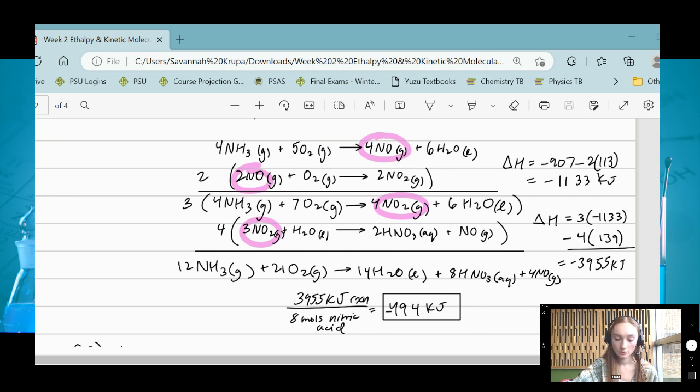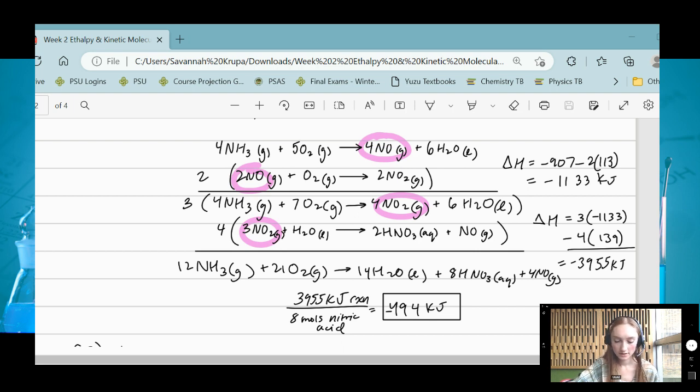And then we will need the oxygen gas and the water, like I said before. So just keep that in mind. That's why I got rid of those things, because if you simplify and cancel other things out, you're not going to get the right answer, because that is not the final formation equation for the nitric acid. So just keep that in mind as well.